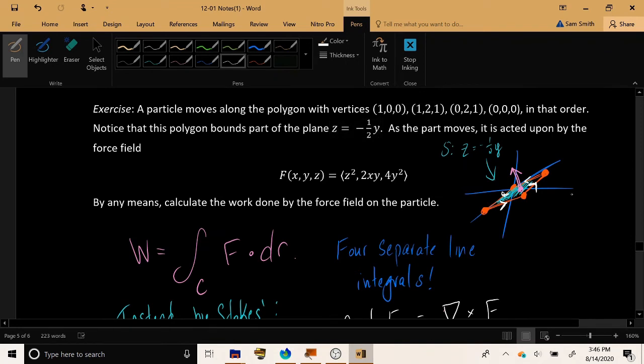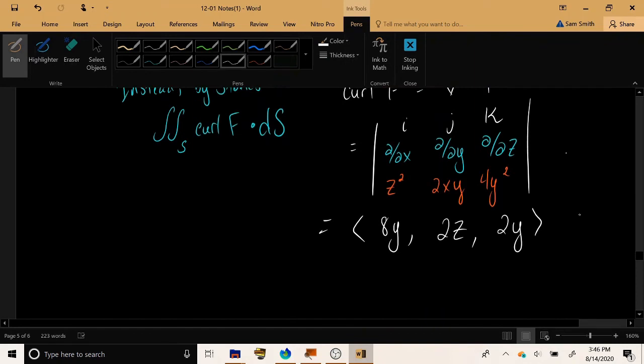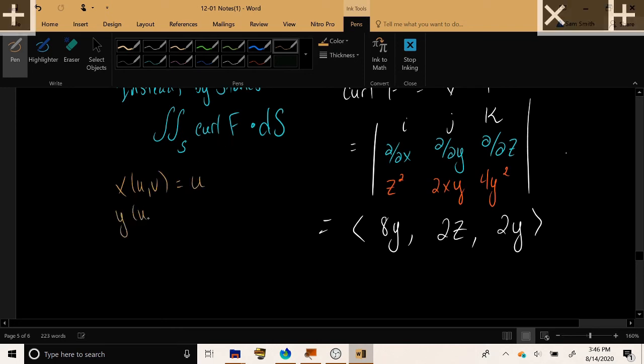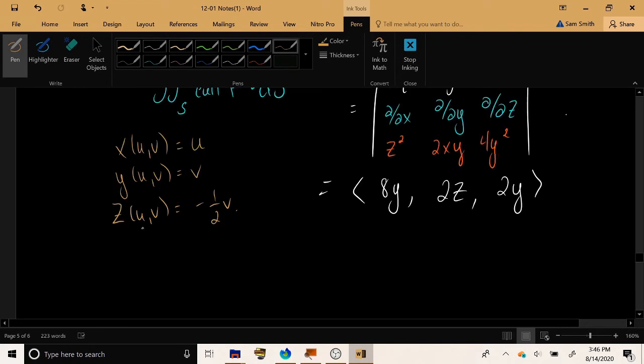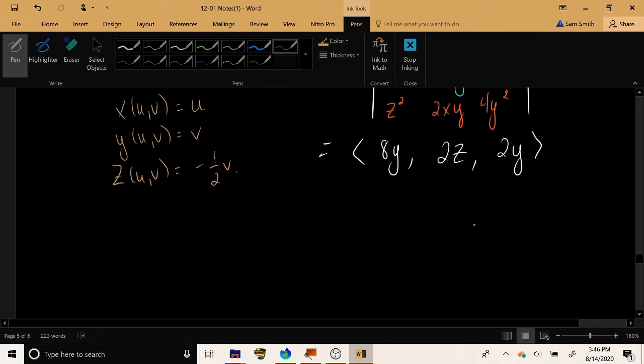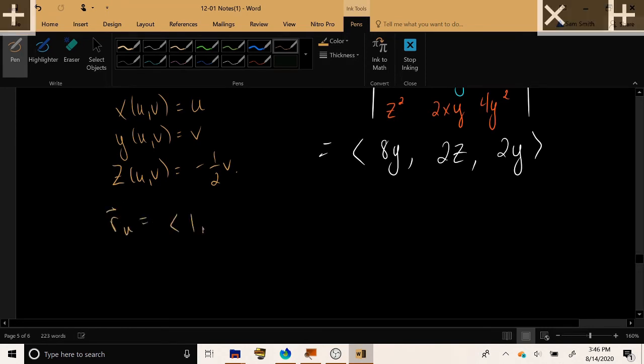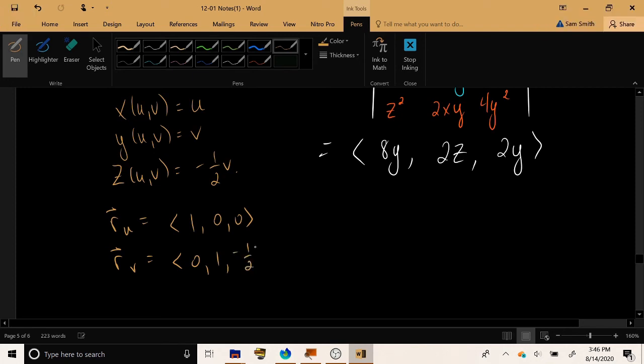And so we can take our standard parameterization, where we have x of u and v represented by u, y of u and v represented by v, and z of u and v represented by our formula, with u in x's place and v in y's place. Then we have r sub u, which is 1, 0, 0, and we have r sub v, which is 0, 1, minus 1/2.